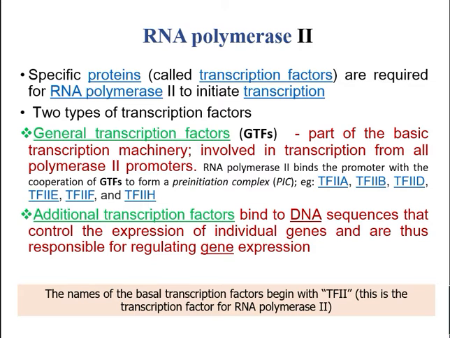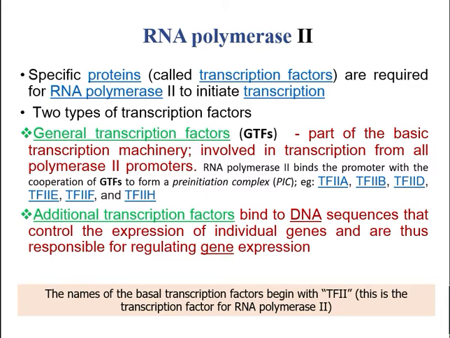Now, coming to those proteins called transcription factors, there are two types: the general transcription factors, or GTFs, and the additional transcription factors. From the name itself, general transcription factors can be called global. They are there for all the eukaryotic genes. They are part of the basic transcription machinery and are involved in transcription from all polymerase II promoters.